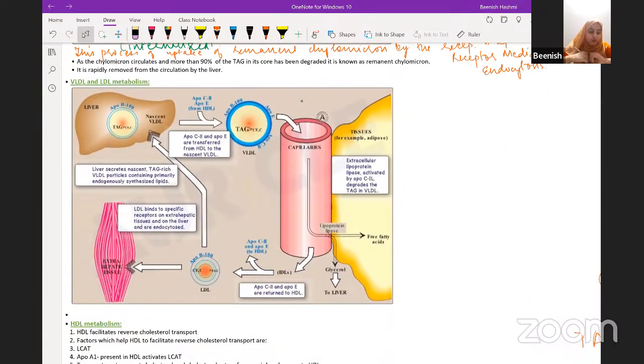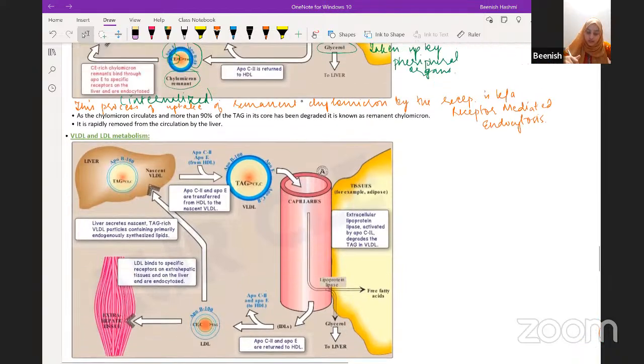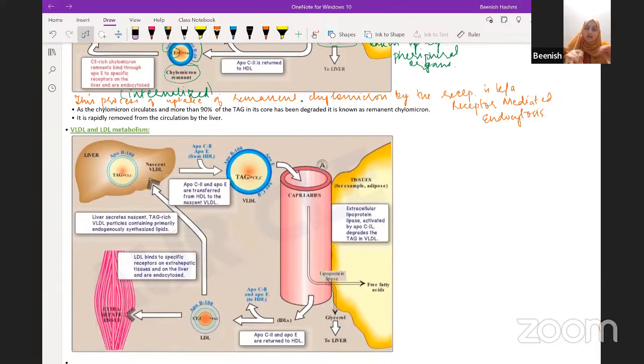Now moving on to VLDL and LDL metabolism. And also, I'd like to tell you an important, interesting fact. Yesterday, we spoke about GAGs, and I told you that heparan sulfate is present in basement membranes. So heparan sulfate is that GAG which is involved in the anchorage of lipoprotein lipase to vascular endothelium.